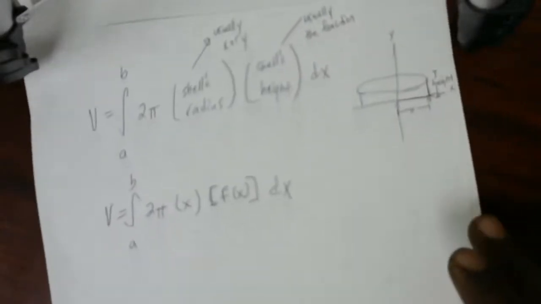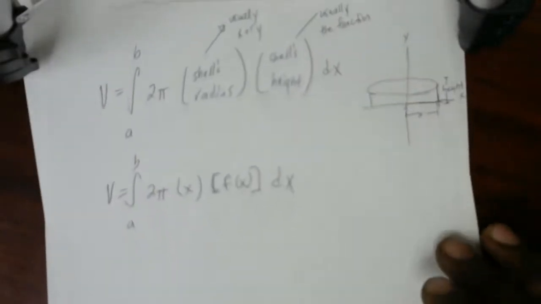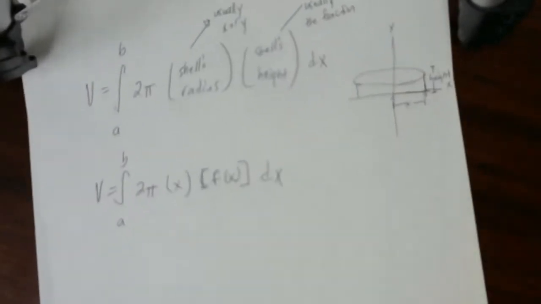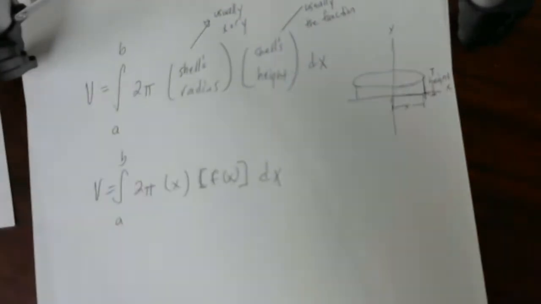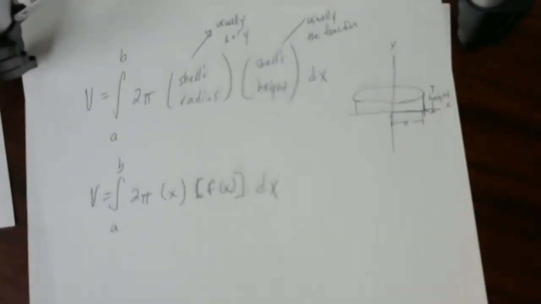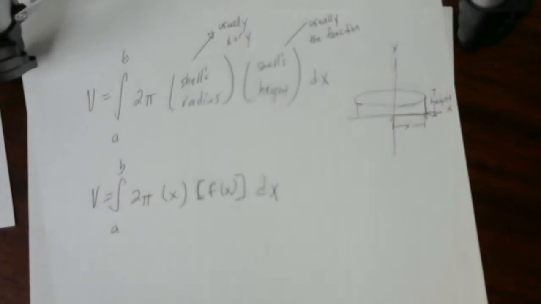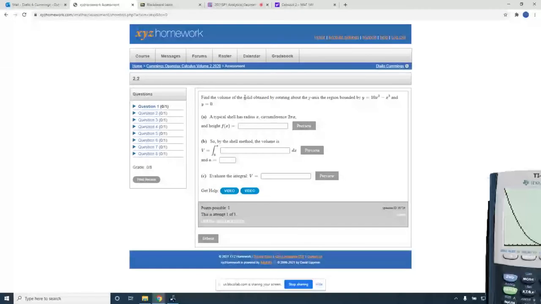All right, so I think that we have everything that we need, right? So just to double check, I'm going to go back to the application screen for just 1 second. We're rotating about the y-axis using the shell method.